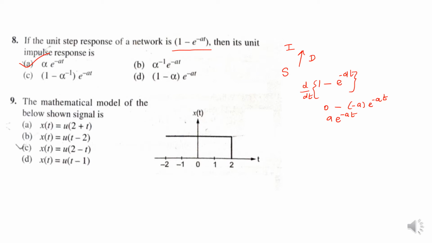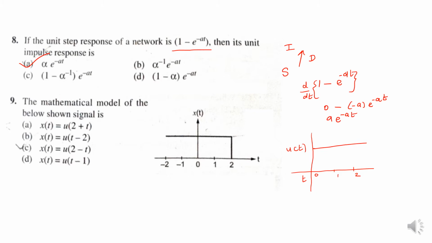Next, the mathematical model of the below shown signal is, values are given. So first of all, I am going to draw u of t. So this signal, that is u of t, at t equal to 0, 1, 2. Okay, this is u of t.